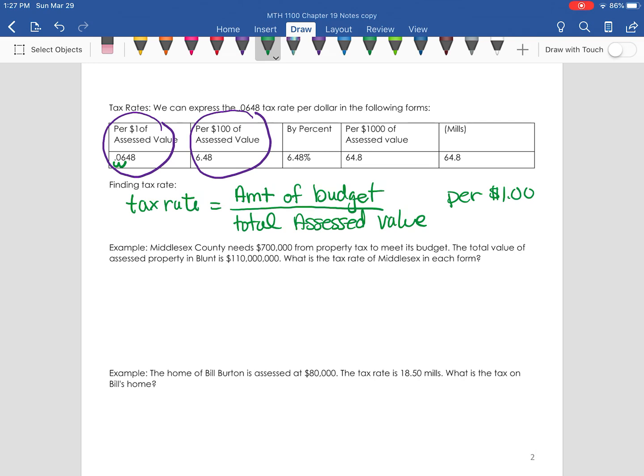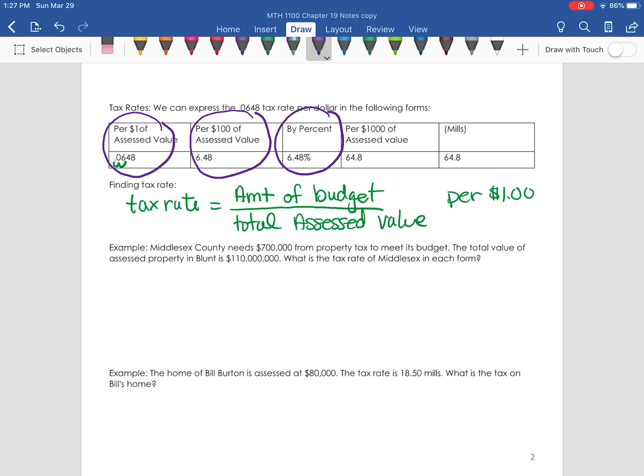And so 0.0648, if we write it per $1 of the assessed value, but we want to then rewrite it as per $100 of the assessed value, we just move the decimal place over 2 places, and that would give us $6.48 for every $100 of the assessed value.